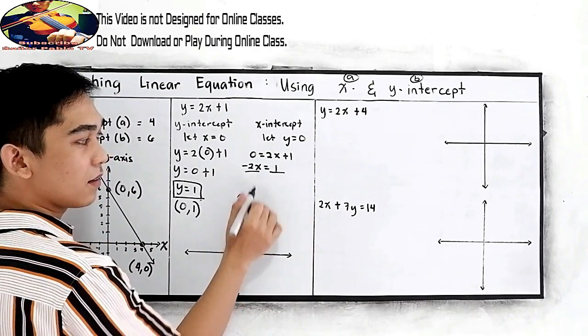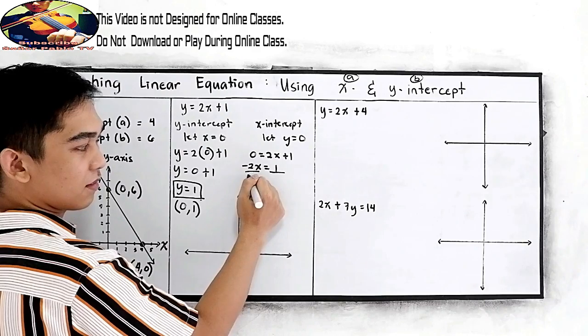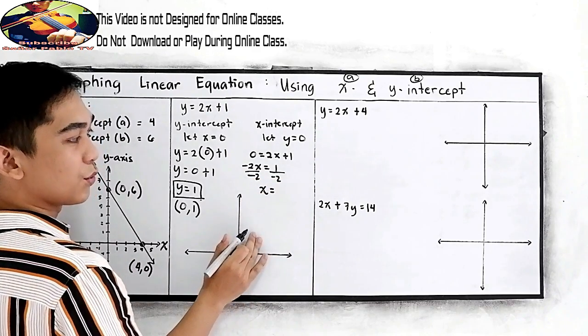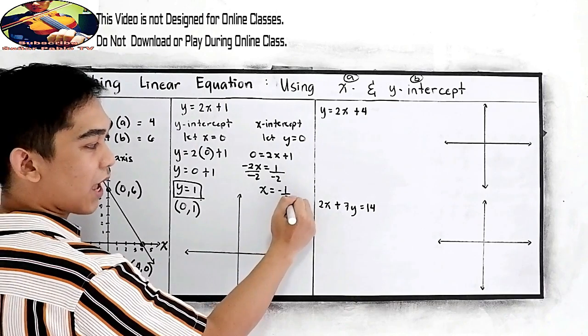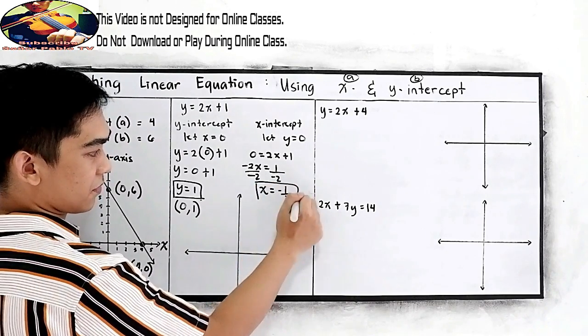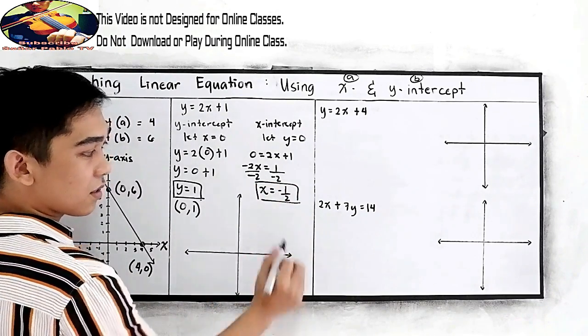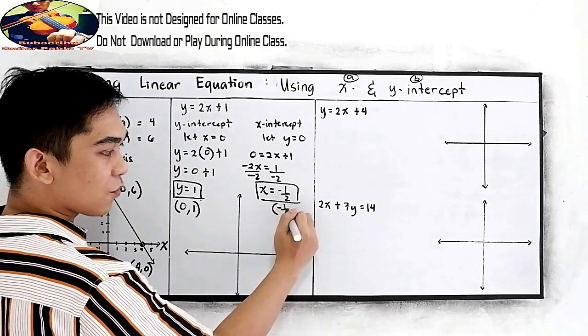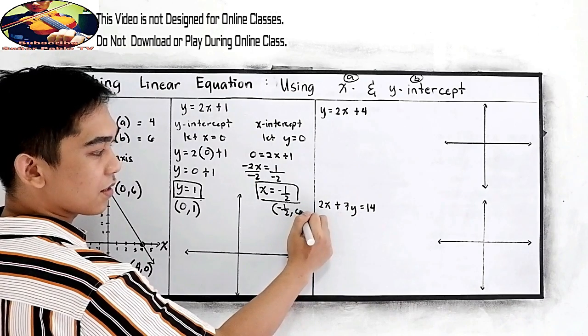Divide by negative 2, negative 2. So our x is equal to negative 1 half. So the coordinates are x is negative 1 half, then y is 0.